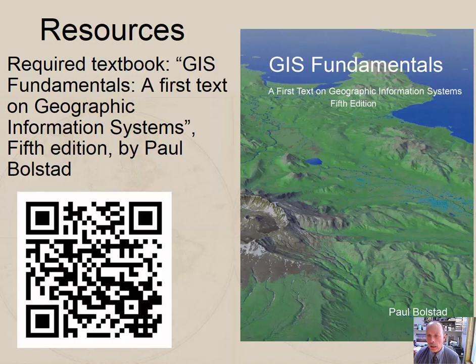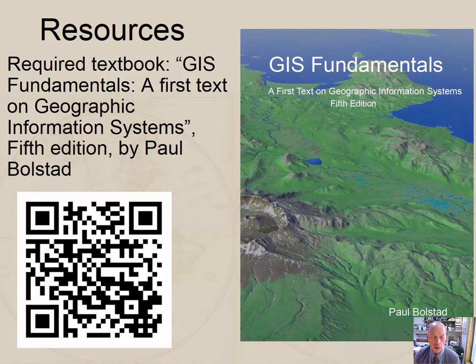Now, the class textbook is very, very important, and it's important you get the 5th edition. As I said, we've been teaching this class for a long time. Paul wrote the book back in 2001, 2002, and there have been many different editions of this. The 5th is the one we're working with, and the 5th edition has about 100 pages that are different from the 4th edition, so get the right edition so that you can stay with the course material.